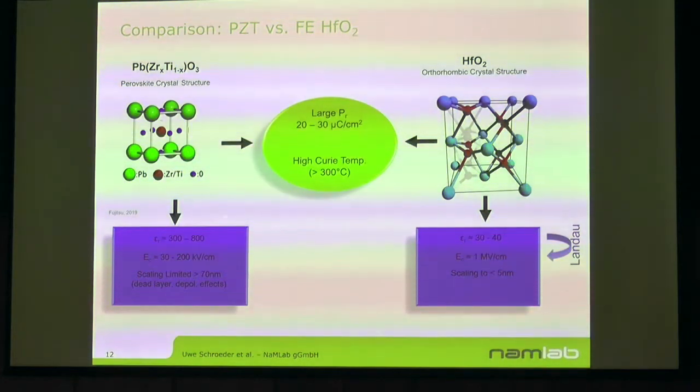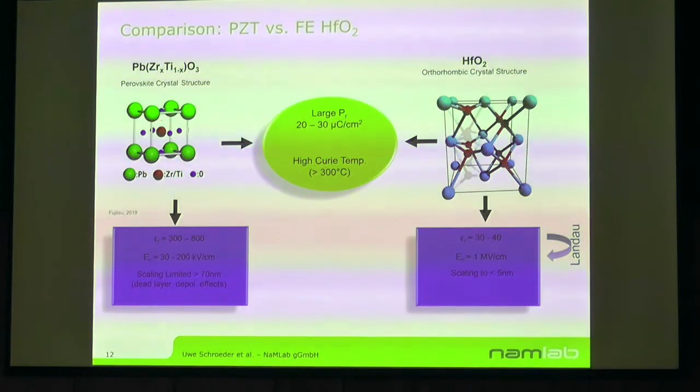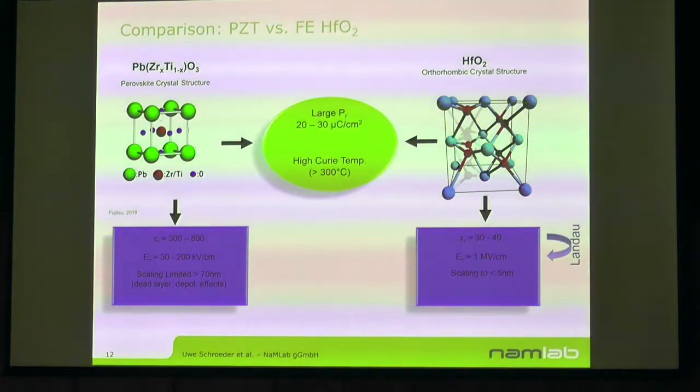Looking at the differences, the dielectric constant of the PZT is roughly a factor of 10 higher compared to the hafnium oxide. So we have values in the order of 300 to 800 versus the hafnium oxide, which is more in the 30 to 40 range. And the coercive field, on the other hand, is a factor of 10 lower compared to the hafnium oxide.